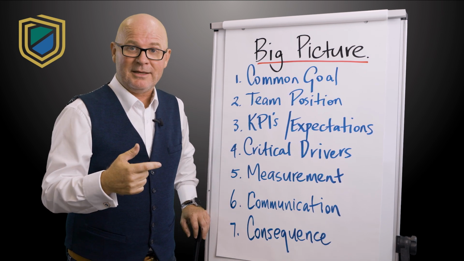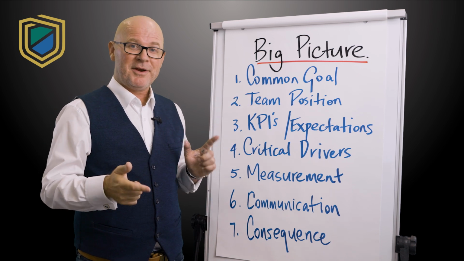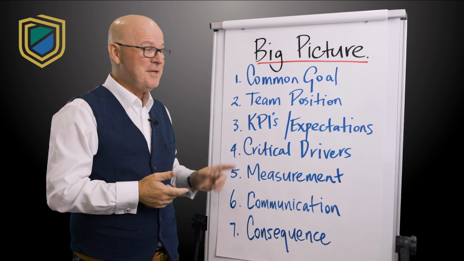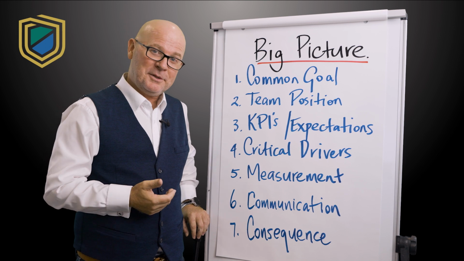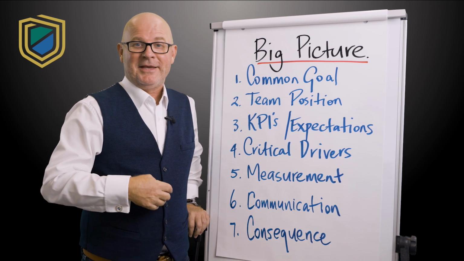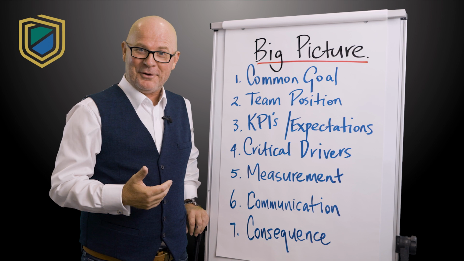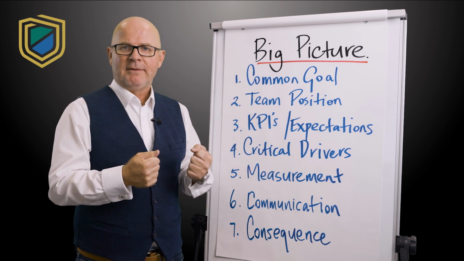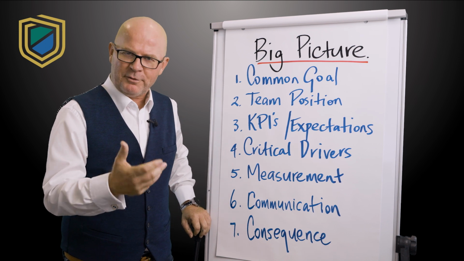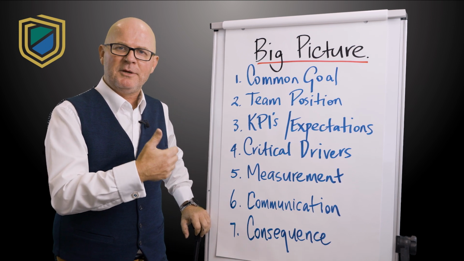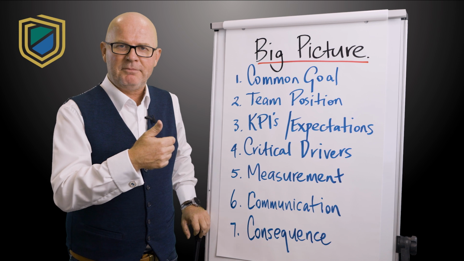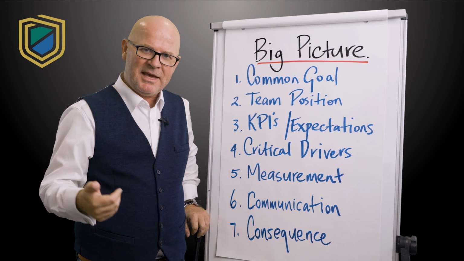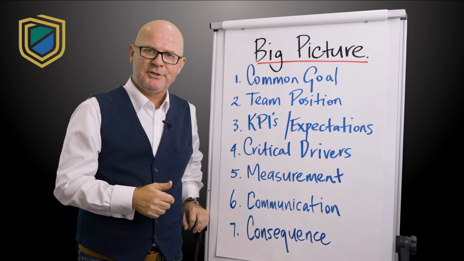I don't recommend having a common goal for the business to go and make $2 million worth of net profit. That's not necessarily an inspiring common goal for every single team member. But you might have something like, if you're a builder, our common goal is we want to build new homes for 10 families in whatever location you're in.